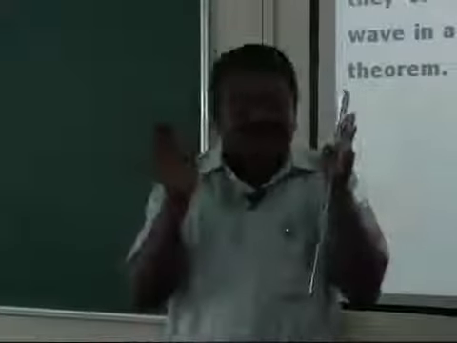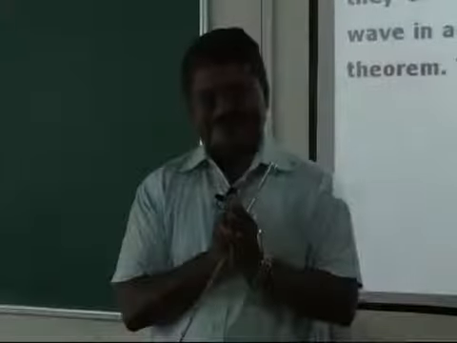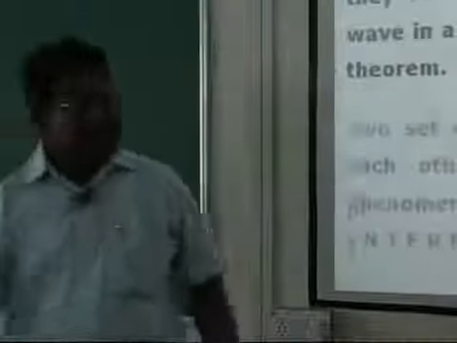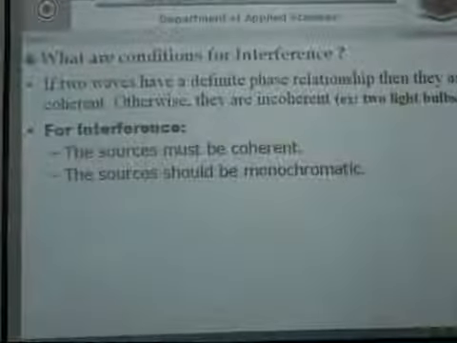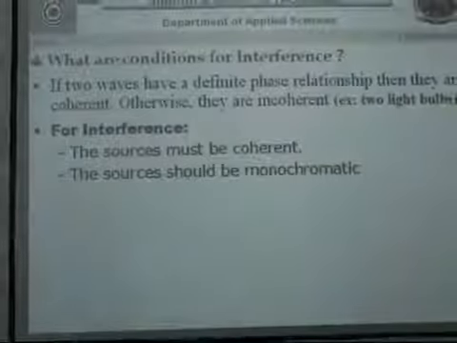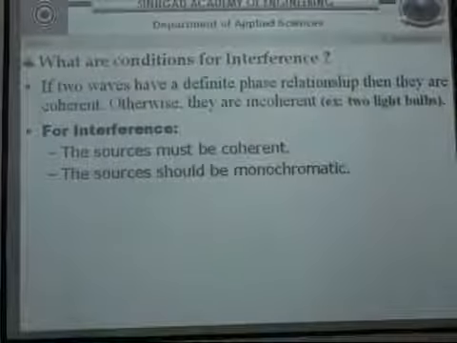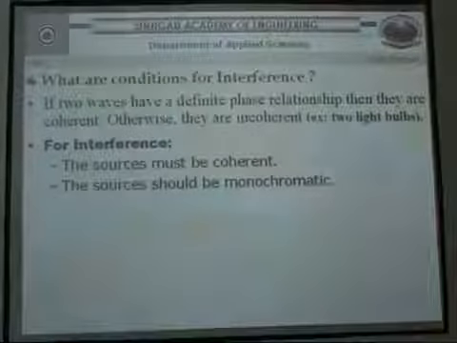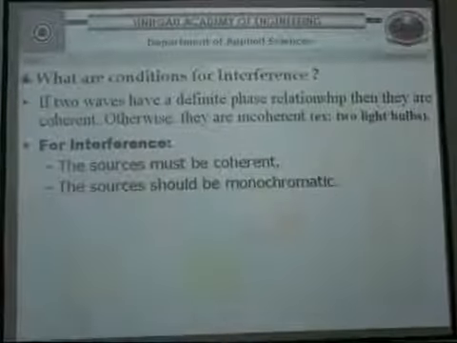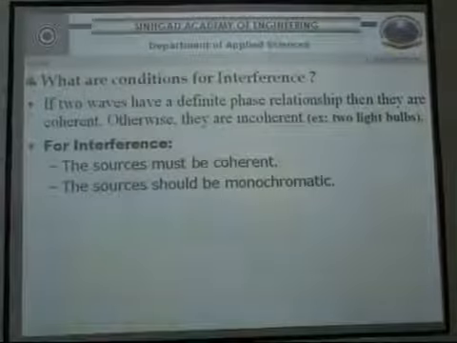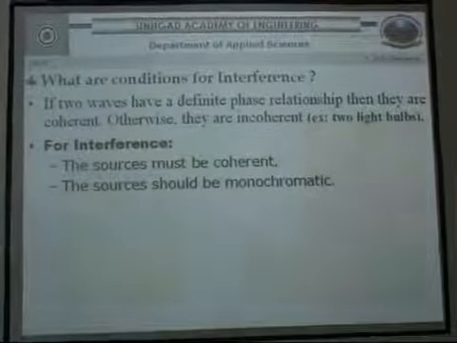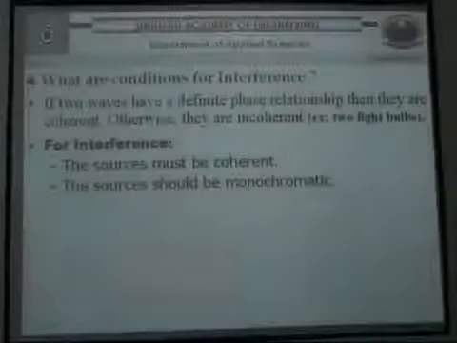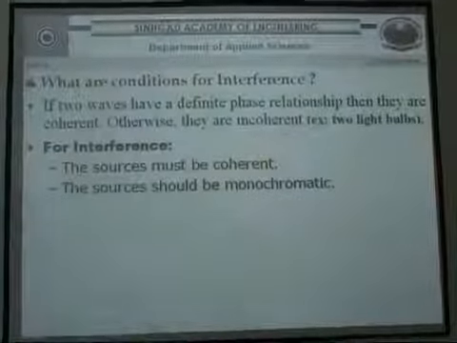What happens in the constructive interference? In the constructive interference, the addition of two waves, or the algebraic sum of the two waves, is nothing but the addition of amplitude, which is greater than that of the single wave.